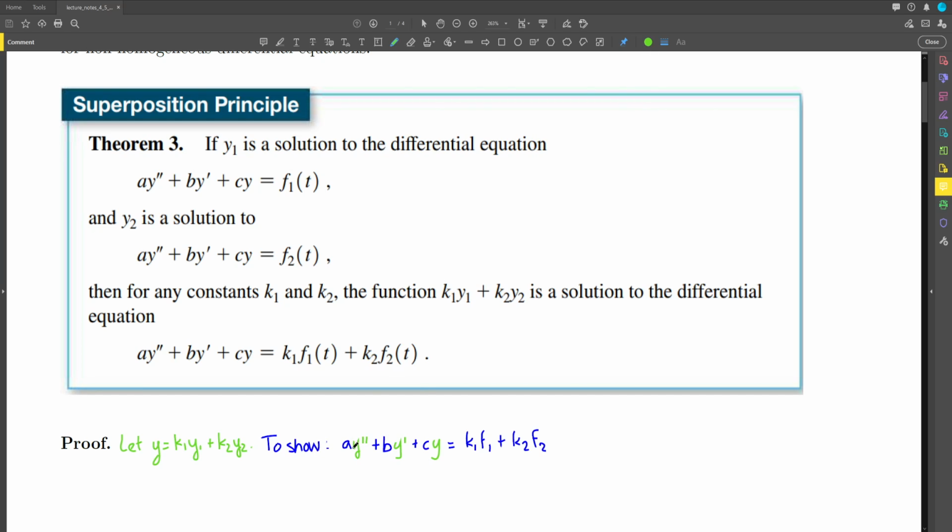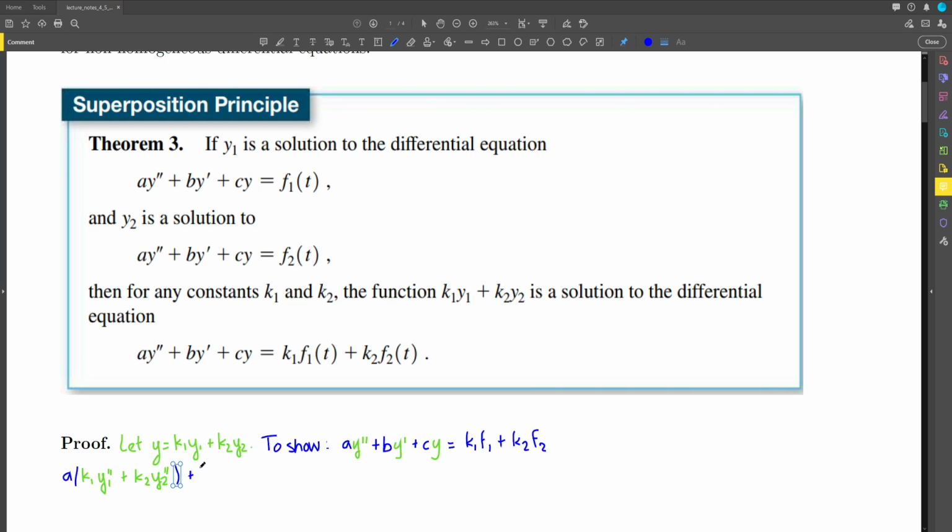So let's go ahead and write this out. We're going to start with the left-hand side. So we have a times, and then the derivative of y is k1 y1 double prime plus k2 y2 double prime. And that's because k1 and k2 are constants, and so we can just pull them outside when we take the derivative.